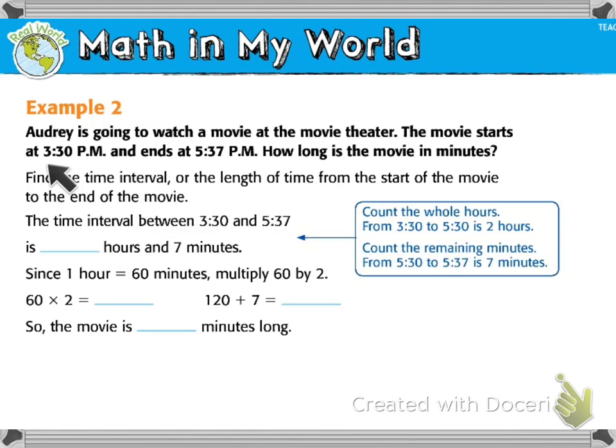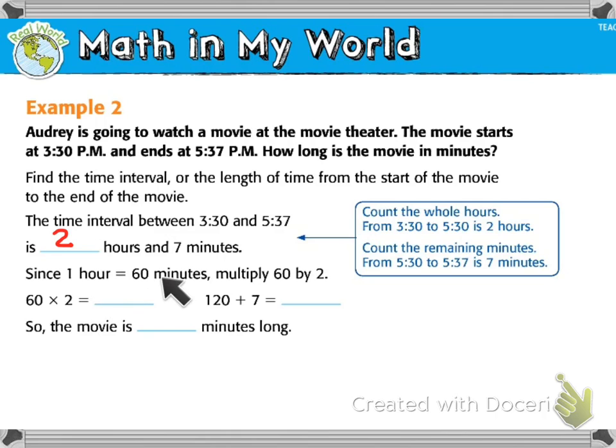Example 2. Audrey is going to watch a movie at the movie theater. The movie starts at 3:30 p.m. and ends at 5:37 p.m. How long is the movie in minutes? Okay. So we're going to find the time interval, or the length of time from the start of the movie to the end of the movie. The time interval between 3:30 and 5:37 is 2 hours and 7 minutes, because from 3:30 to 5:30 would be 2 hours, and then we have this 7.